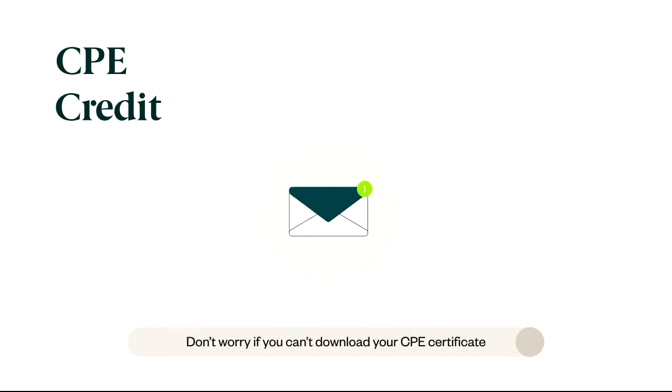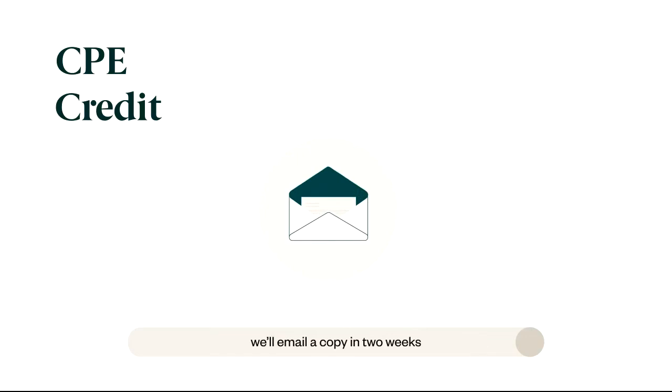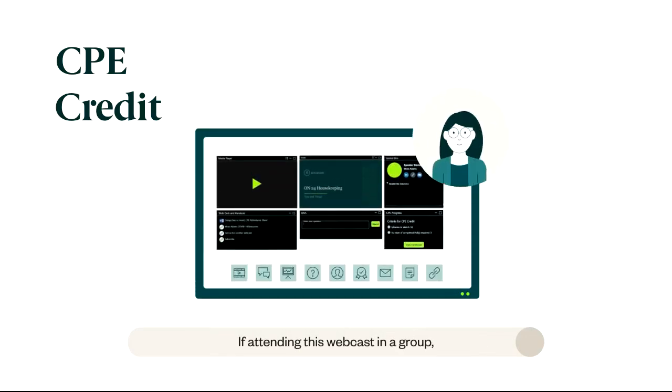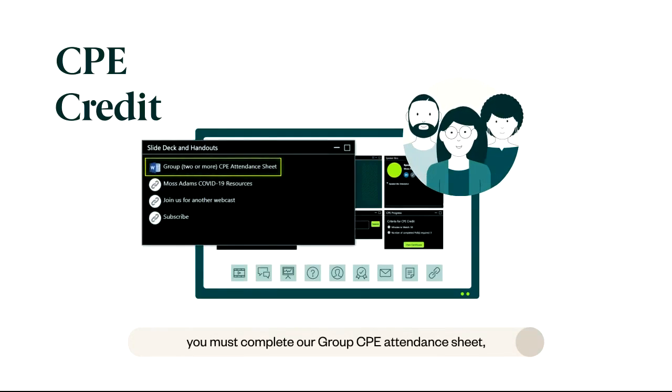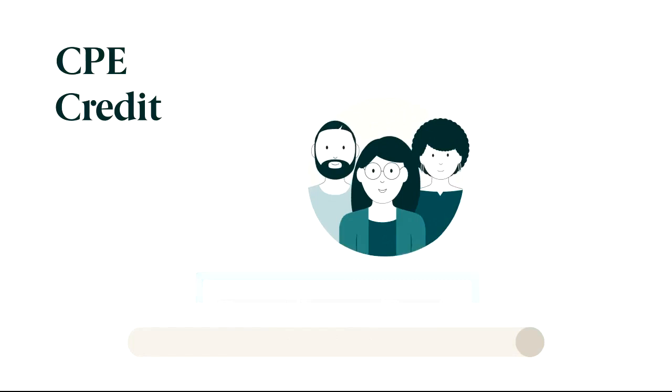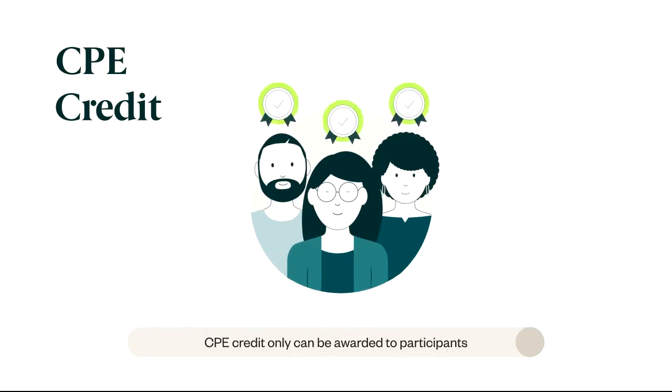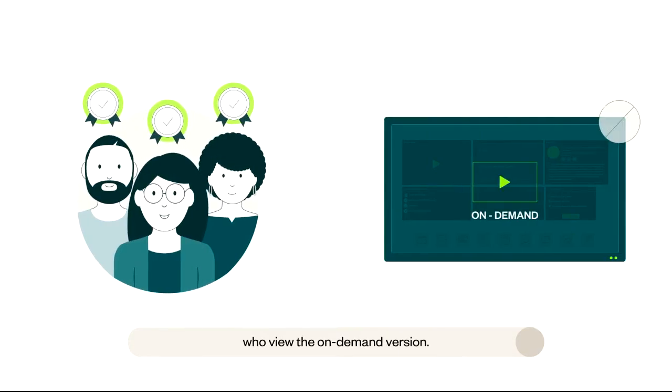Don't worry if you can't download your CPE certificate today. We'll email you a copy in 2 weeks. If attending this webcast in a group, you must complete our group CPE attendance sheet, available in our Slide Deck and Handouts widget to receive credit. Please have all group members sign it and send only 1 sheet per group. CPE credit can only be awarded to participants registered as themselves and isn't available for participants who view the on-demand version.